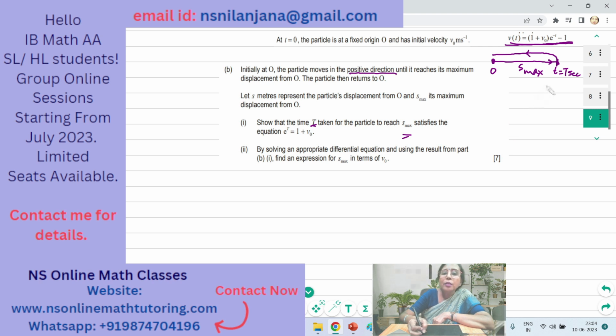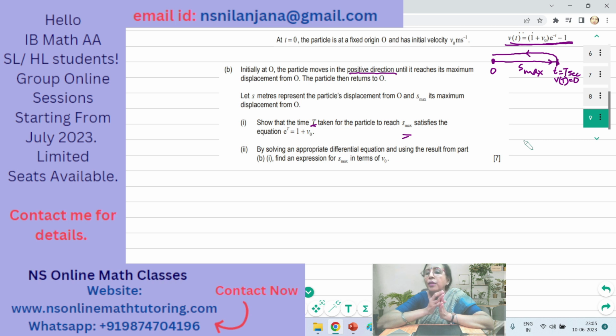At this time t equal to capital T seconds, the particle is turning. Hence V of capital T should be equal to 0, because at this moment the particle is momentarily at rest.